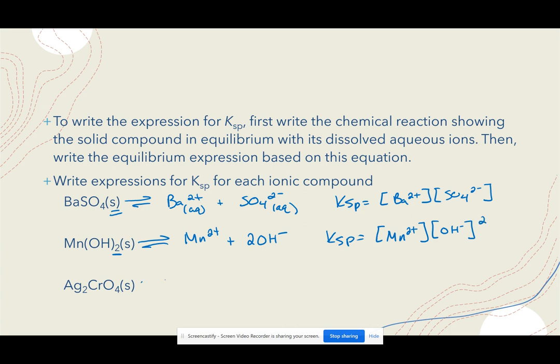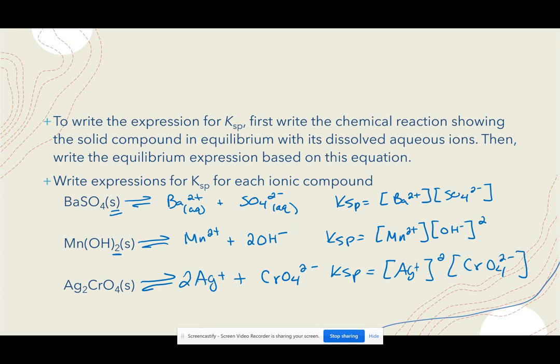And then lastly, silver chromate is going to dissolve into two silver ions plus a chromate ion. So my Ksp is going to be silver ions squared times chromate. So really not any different from what we've been doing. It's just an SP instead of an EQ.